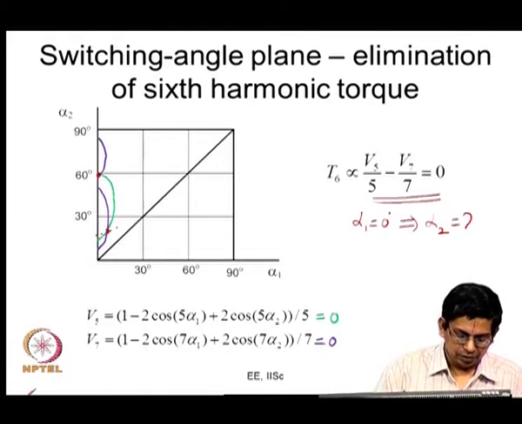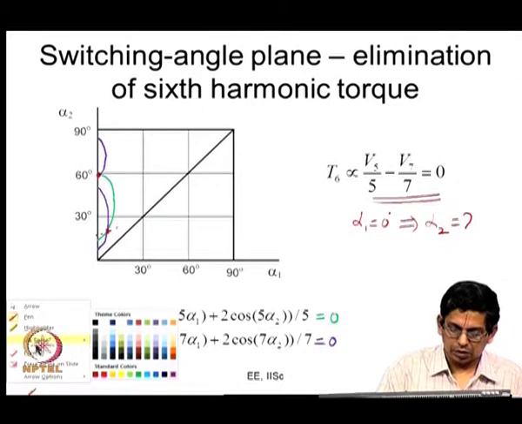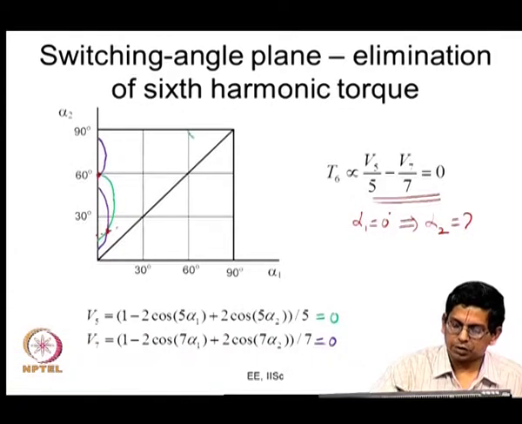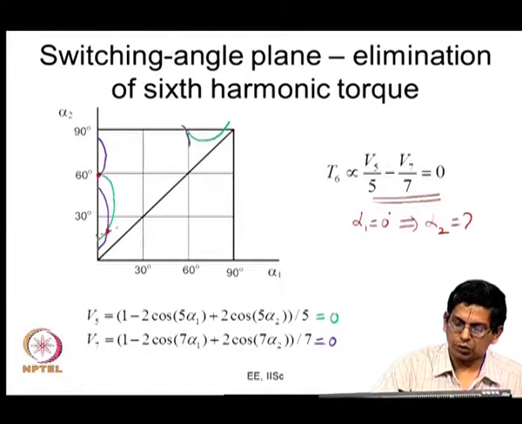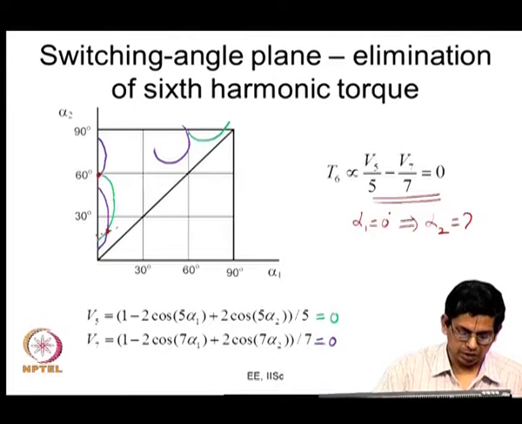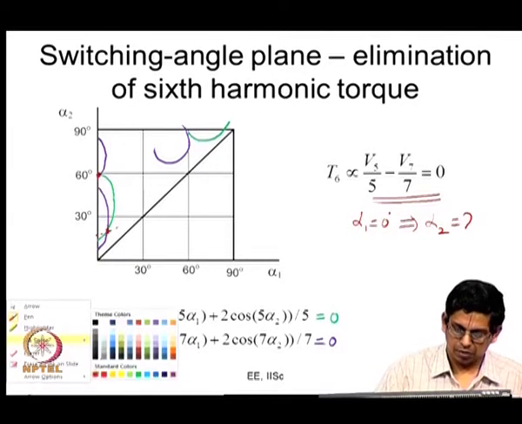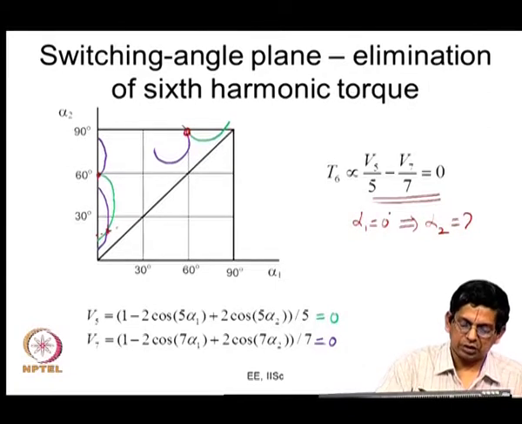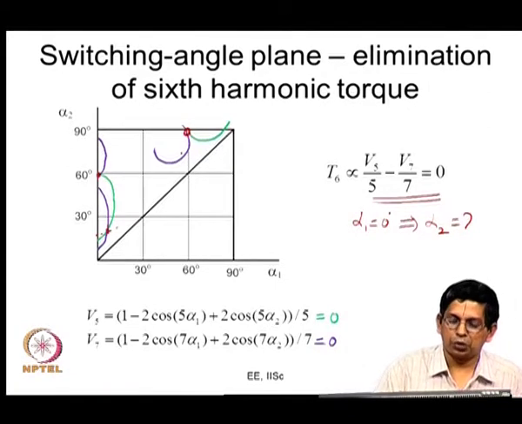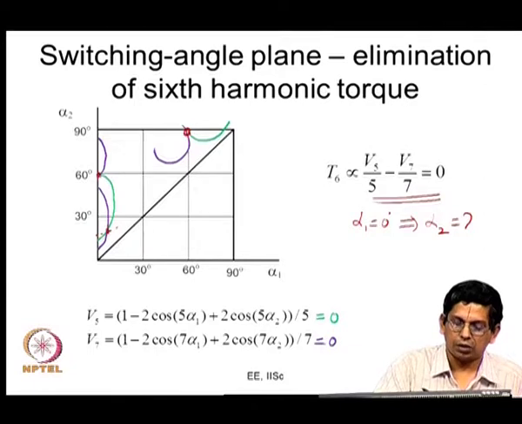And the same way, if I redraw that curve, I have this fifth harmonic curve and I would have another seventh harmonic being 0 like this. This is again a point at which I will have the sixth harmonic as 0. So, these are 3 points where I have sixth harmonic to be 0, but these 2 points are actually on your V1 is equal to 0 line.